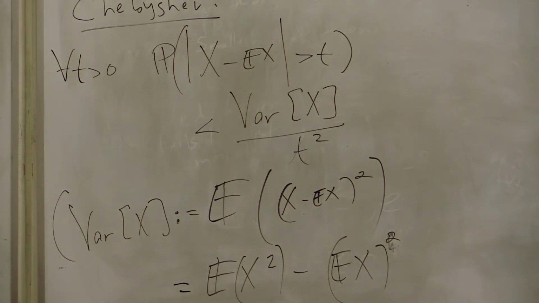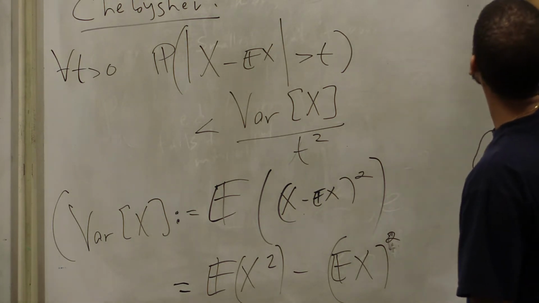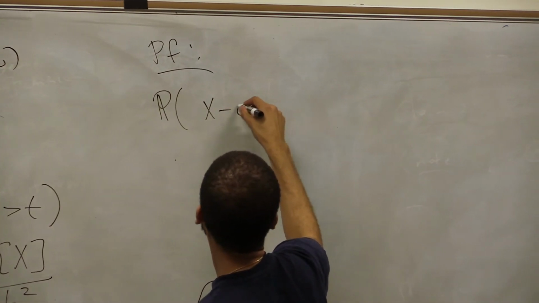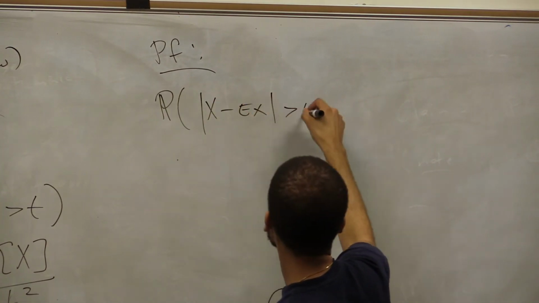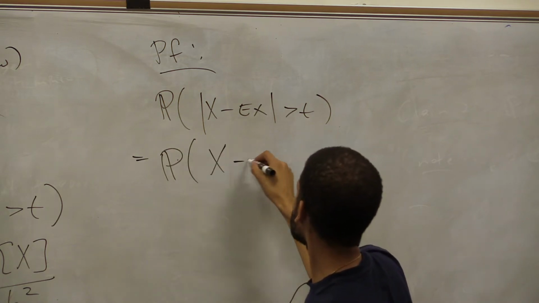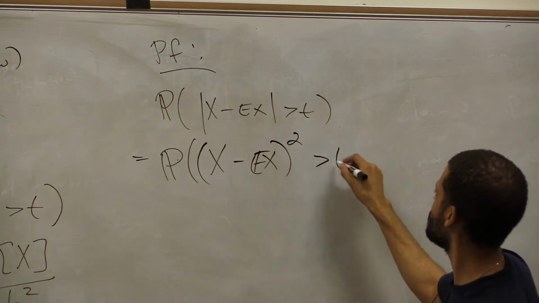Okay? And since it's so simple, I'll prove Chebyshev. The probability that X deviates from its expectation in absolute value by more than t is the same as the probability, just squaring both sides of the inequality, that (X minus the expectation) squared is bigger than t squared.